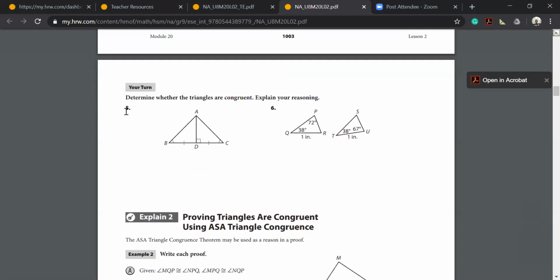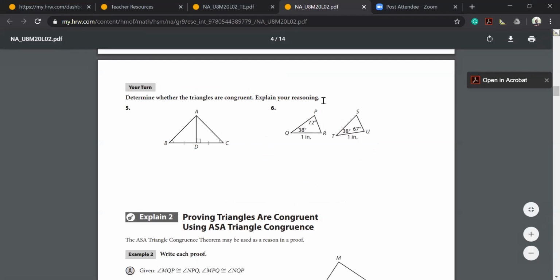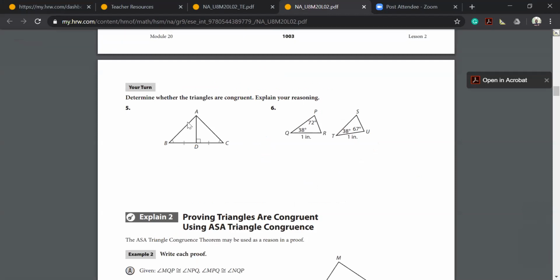Okay, I will solve question 5 with you, and then you can do 6 on your own. Determine whether the triangles are congruent or not, and explain your reasoning. As you can see here, he is telling me that this is equal to this, and that this is 90 degrees. Does this remind you of any theorem we took in module 19?